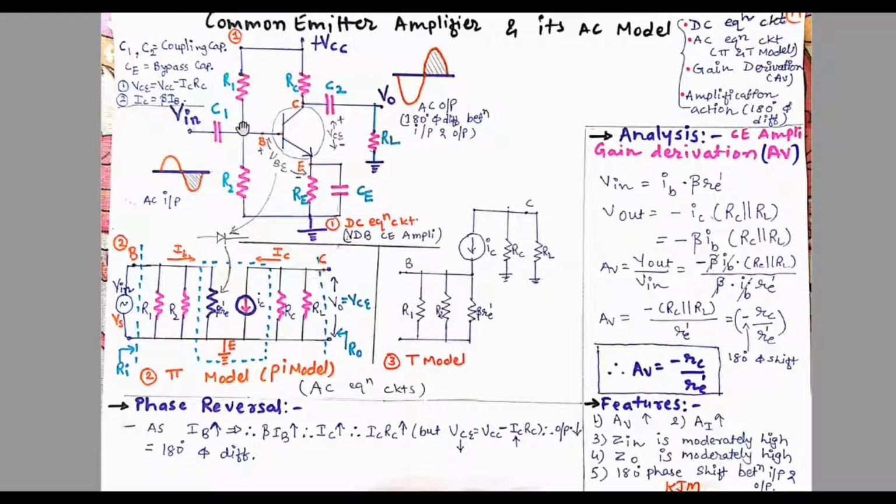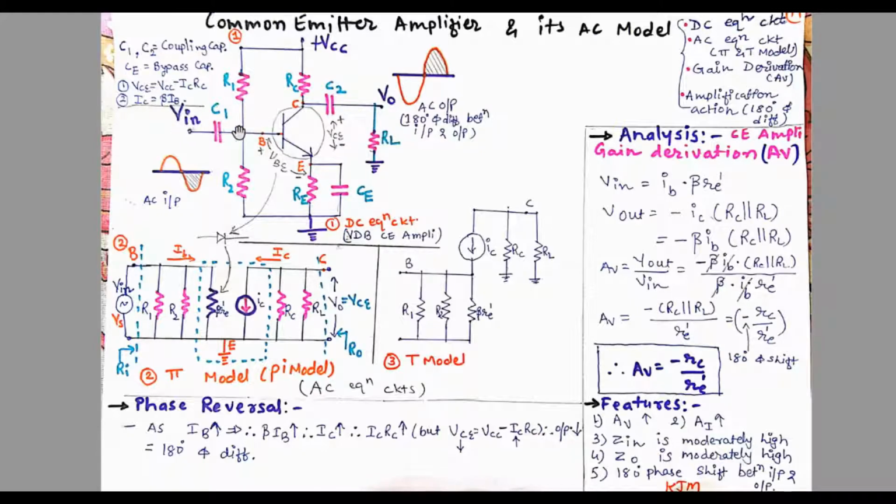So these C1 and C2 capacitors are known as coupling capacitors. In the last lecture, I explained the definition of a coupling capacitor. It couples the input to the base, and we collect the output from the circuit through the coupling capacitor C2.